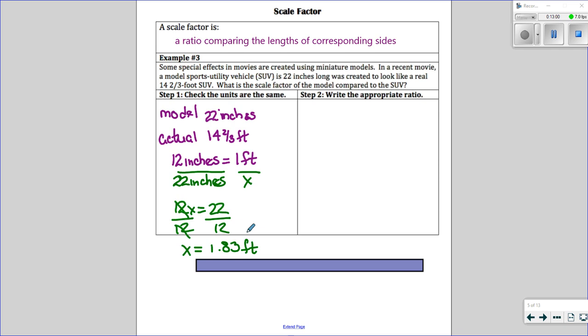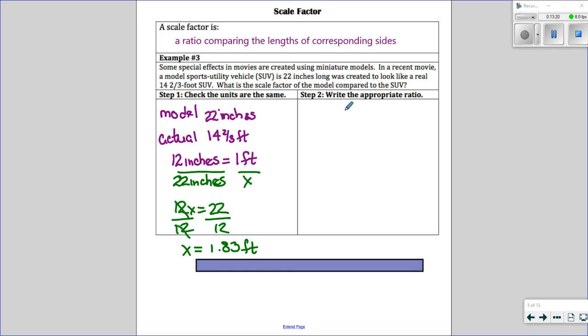And I want to see if they have, I'm going to put it in a fraction, 11/16 for feet. So for every 1.83 feet, it's going to be 22 inches.